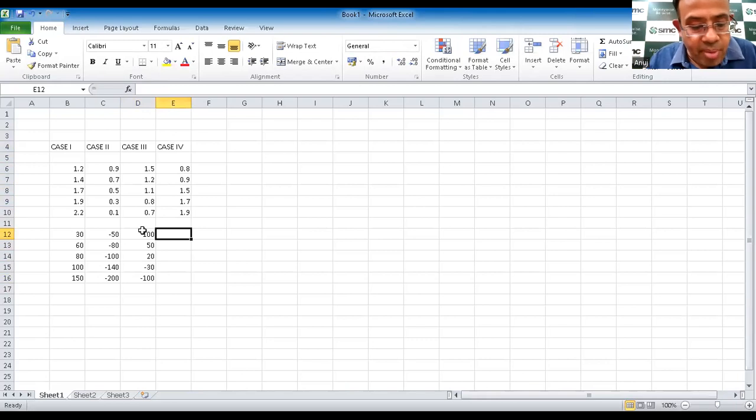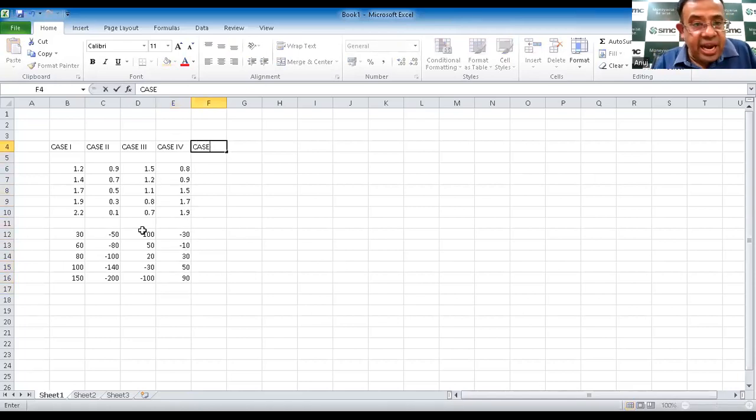The market may be minus 30 points down, then minus 10, then 30 points up, 50 points up, 90 points up. So this is the fourth case. The fifth case is negative consolidation, and the sixth phase is positive consolidation.